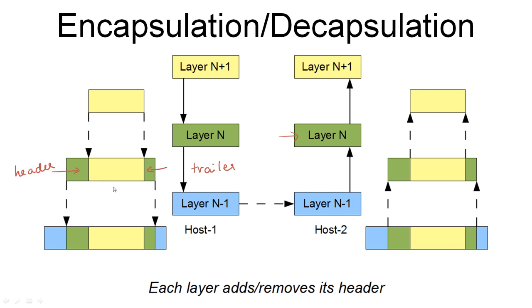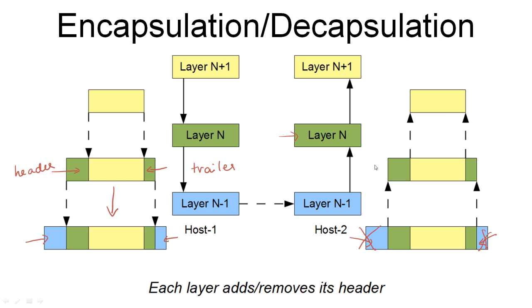And this gets passed on to the layer below it, which adds on its own information. And when this message finally reaches the other end, layer n-1 will read this blue information because that is what is pertinent to it. This information is not pertinent to layer n, so when it is passing it up, it removes this information.